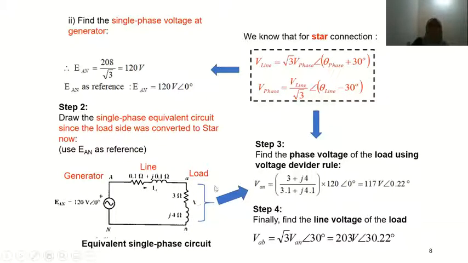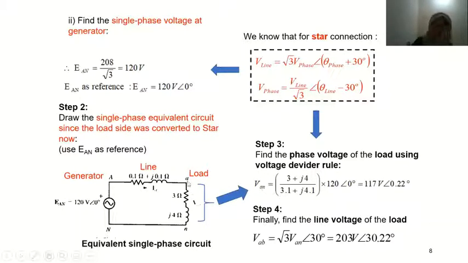Then the next step, find the phase voltage of the load using the voltage divider rule. The question wants you to find the phase voltage of the load, so it is VAN.